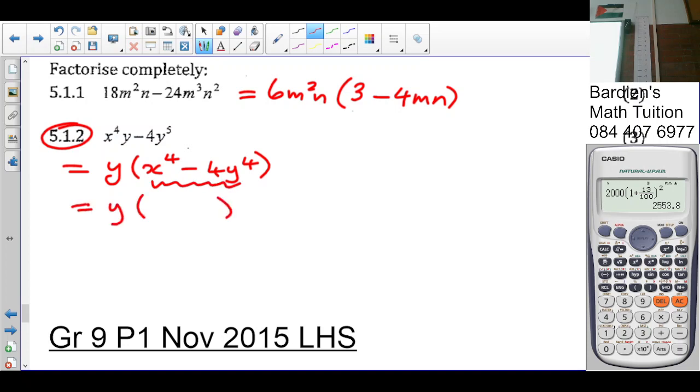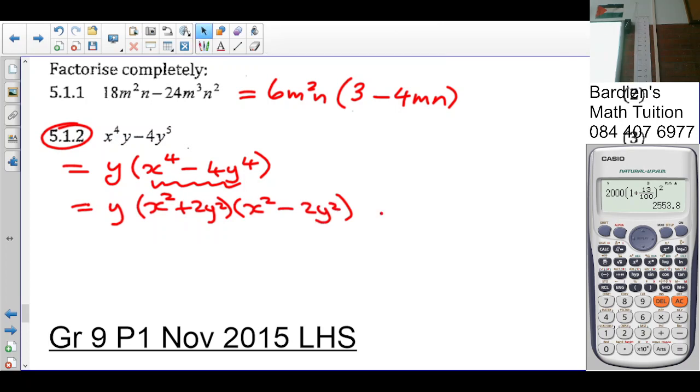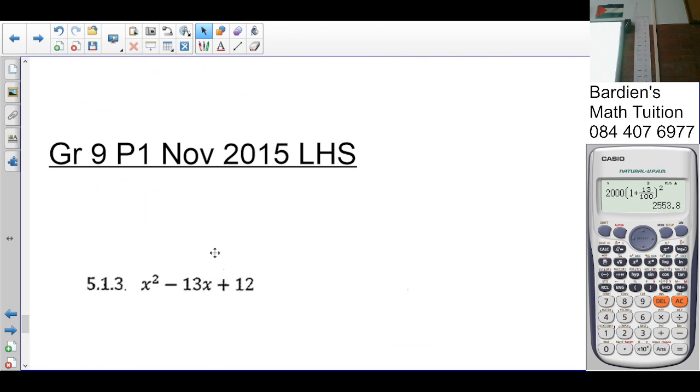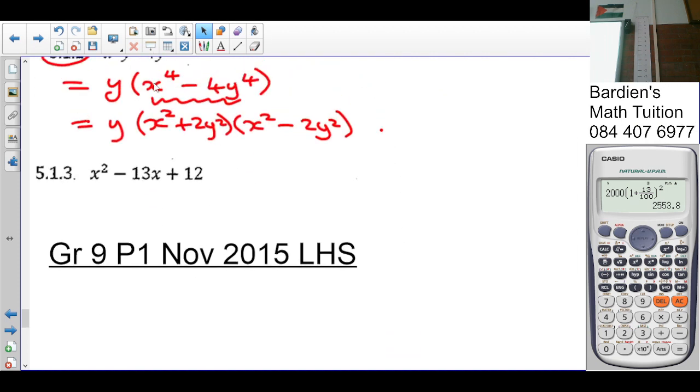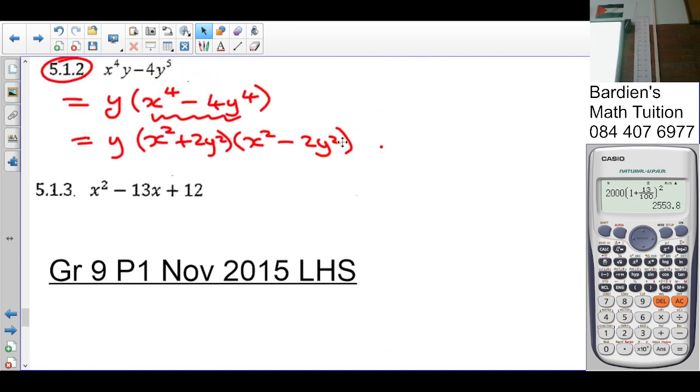So it's y into x squared plus 2y squared and x squared minus 2y squared. Can I do difference of two squares again on this one? No. Why not? 2 is not a perfect square.